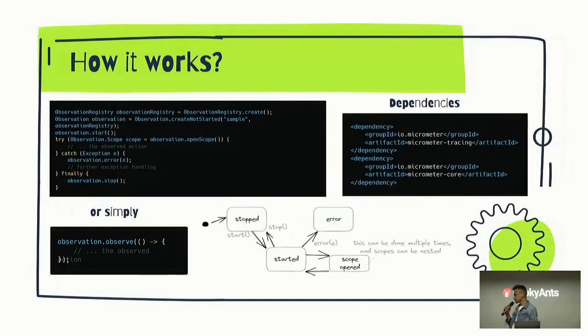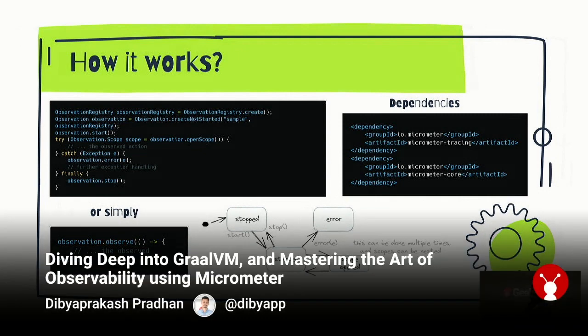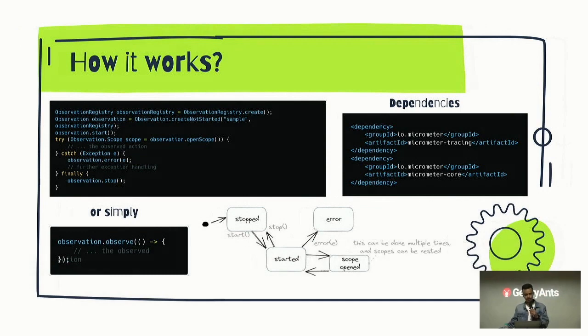So how does it work? First, we include these dependencies from io.micrometer. You include core for core functionality, and micrometer-tracing if you want to enable more tracing functionality in your application. First, you create an observation registry, then an observation object, and you mention the identifier, as I mentioned sample here.